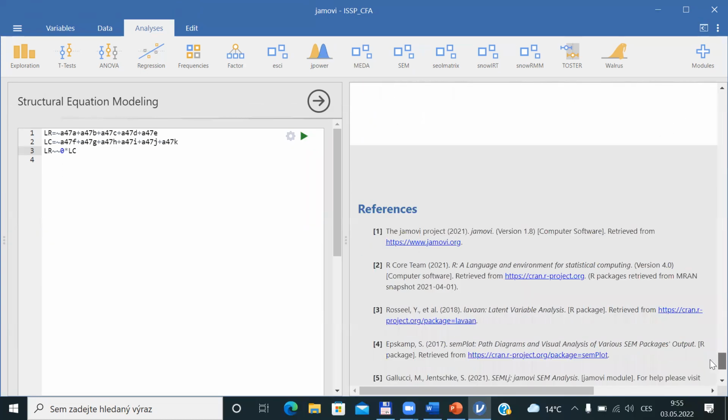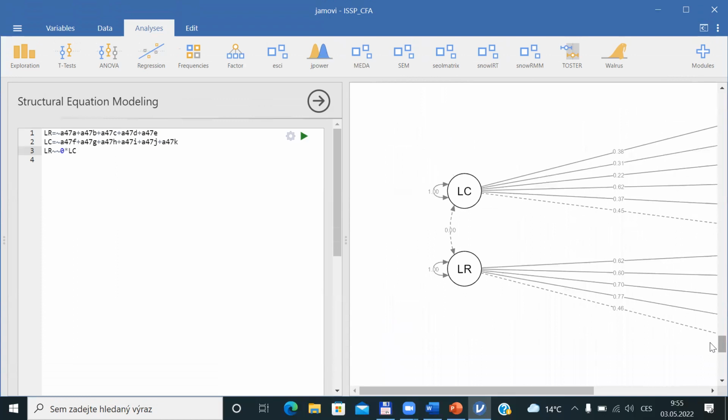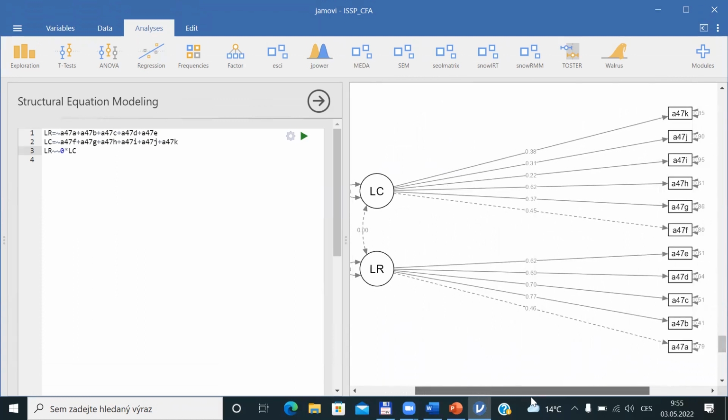Okay, so I would go first of all to our model, which is present here by picture. And you can see that here LC and LR are not related. As you can see, for the latent variables, there is 0 correlation or 0 covariance. We can also check individual factor loadings. And once again, there is dash style for those items that are setting up the scale factors.